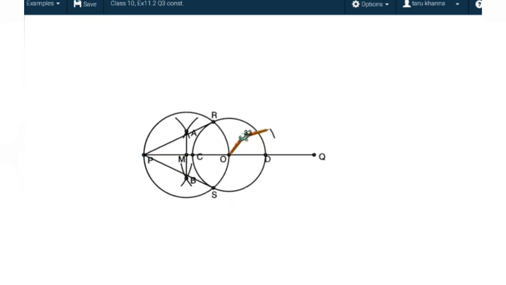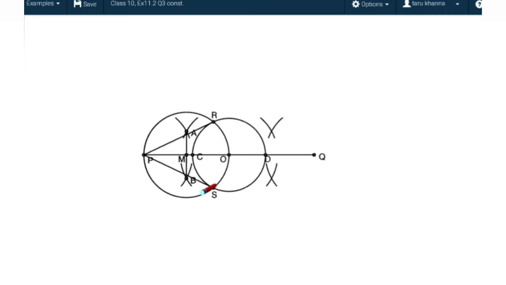Similarly, we will follow the same steps to draw a pair of tangents from the external point Q. Here again, like in the first part we have done, we will take OQ as a line segment and we will draw its perpendicular bisector so that we get the midpoint of OQ.